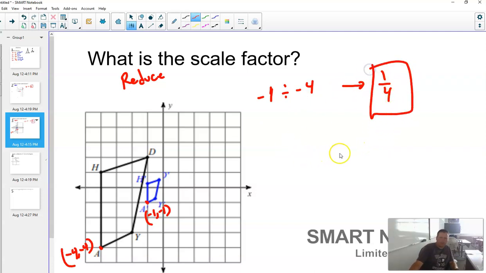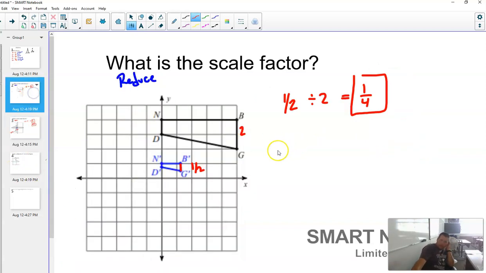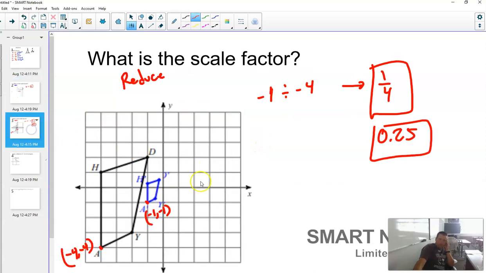This would be my K value. Yes, you can write it as 0.25. It's the same idea, no problem, if you want to put it that way as well. So again, you can do it with the sides where you go the post image by the image, or you can do it again by points like we've got here. Again, either way works just fine.